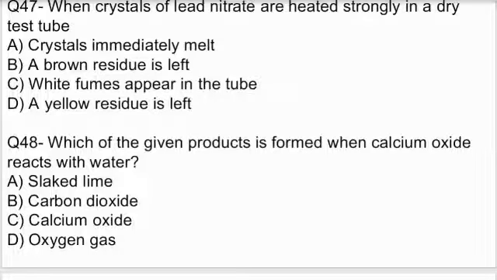The correct option is B, a brown residue is left. Next question. Which of the given products is formed when calcium oxide reacts with water? The options are slaked lime, carbon dioxide, calcium oxide, oxygen gas. The correct answer is A, slaked lime.